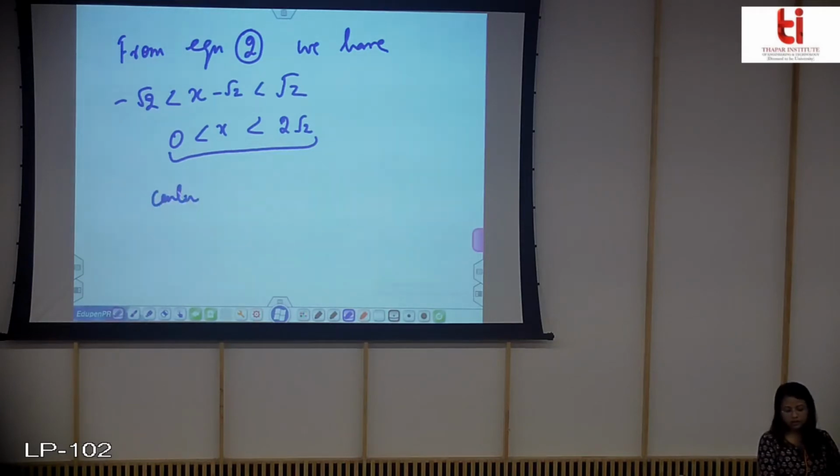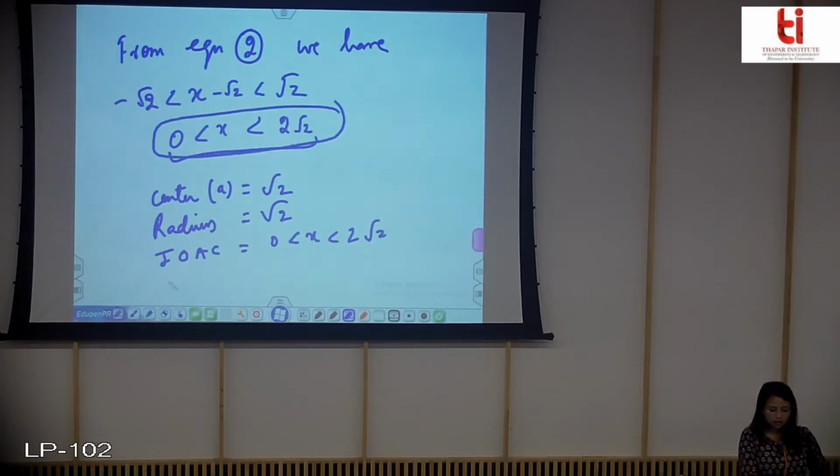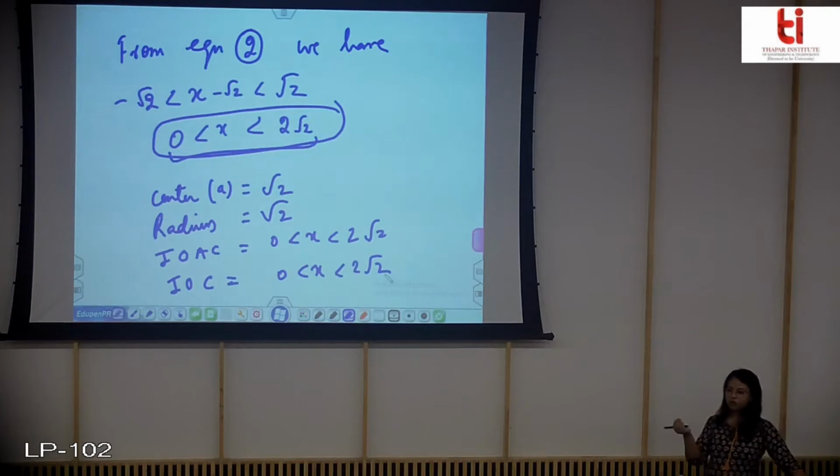And so the summary, you can write the summary till now. The center, that is your A, is under root 2. The radius of convergence is also root 2, and the interval of absolute convergence is 0 to 2 root 2. And if you talk about the interval of convergence, you know that if it is absolutely convergent, it is also convergent.